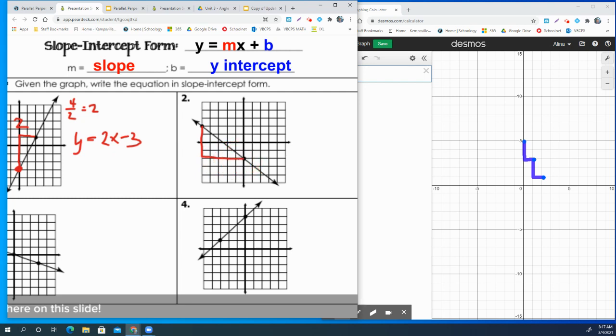You can put it in the chat, or you can shout it out. What's that slope if I go from the left point to the right point? Absolutely, 4 over 5. Is it positive or negative? It's negative. So if I'm going to write my y equals mx plus b, y equals -4 over 5.